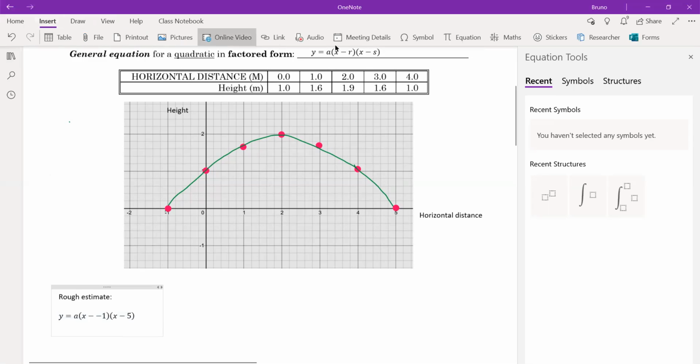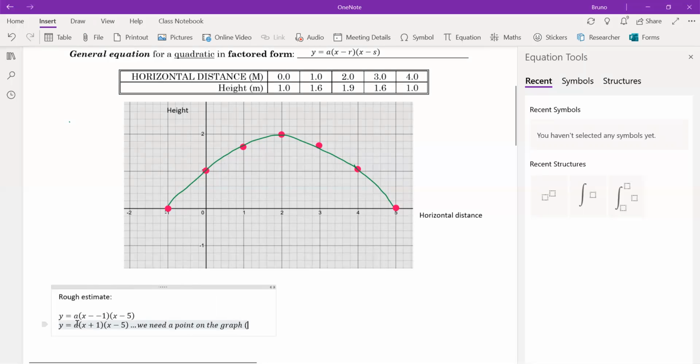Let's simplify this a little bit more. I'm going to insert another equation here. So y equals a times, and this will turn into x plus 1. This will stay as x minus 5. Now, in order to complete the equation and find that a value, we need a point on the graph.